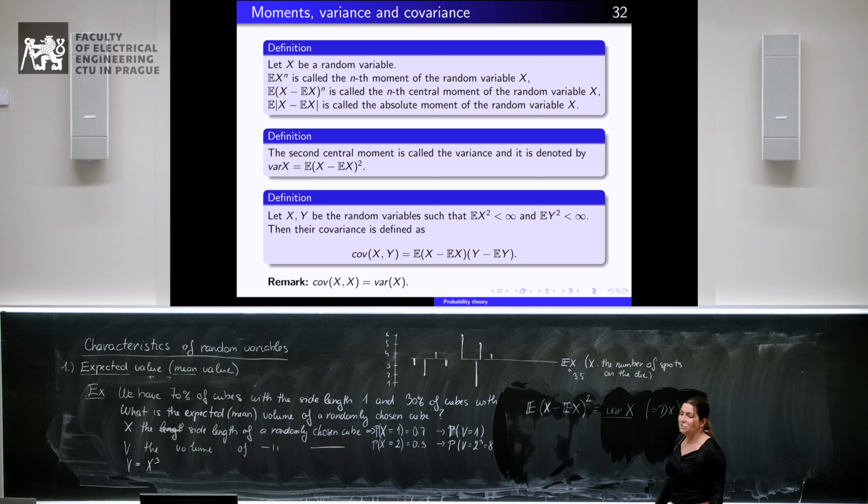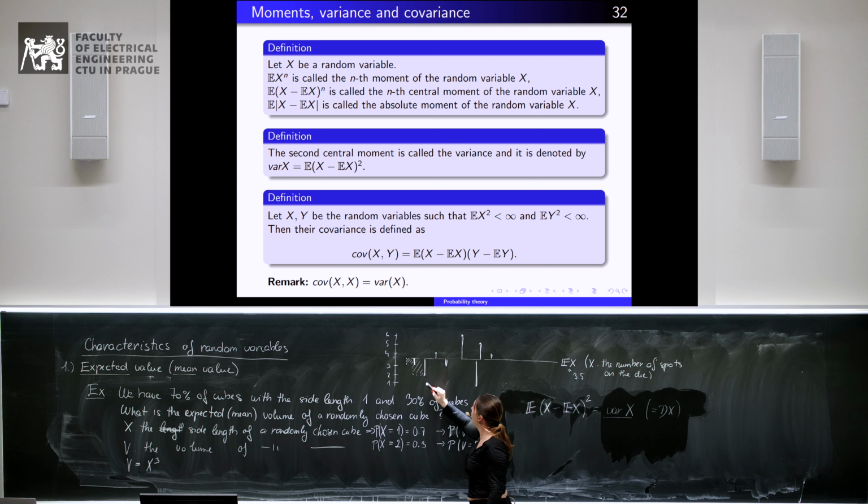In fact, the imagination is not so natural. It is the mean area of the squares which we construct over the distances of the numbers from its expected value.